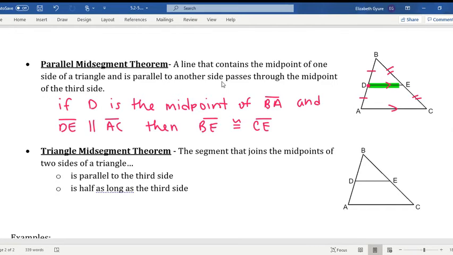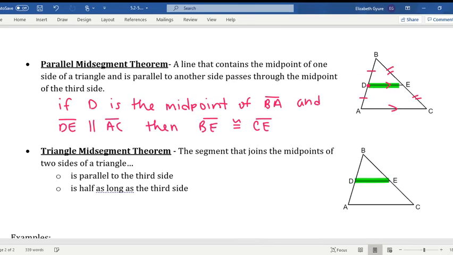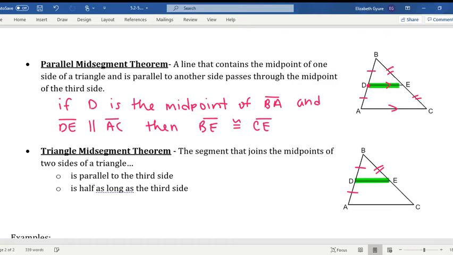Okay. And then the next one is just the basic triangle mid-segment theorem. It says that the segment that joins the midpoints of two sides of a triangle is parallel to the third side and is half as long as the third side. So this is saying you have this segment here, DE. Basically, if this is your mid-segment, you'll know that D and E are both midpoints. So you'd have congruent measurements here and here. So if DE is the mid-segment, then first of all, you're going to know it's parallel to the other side.